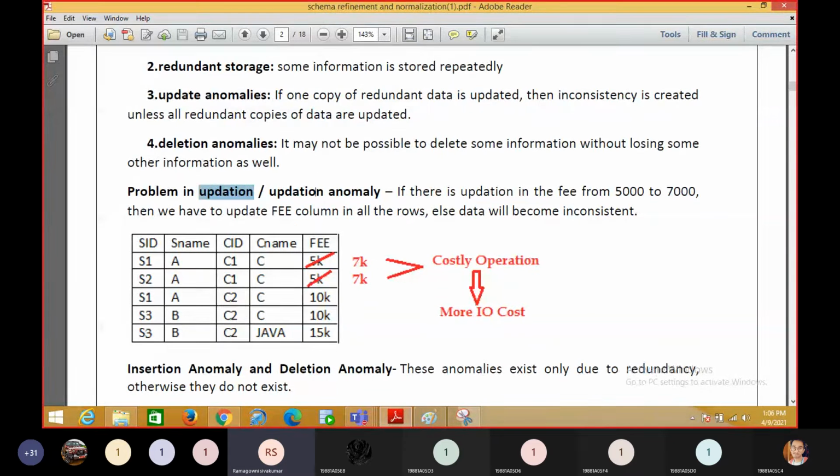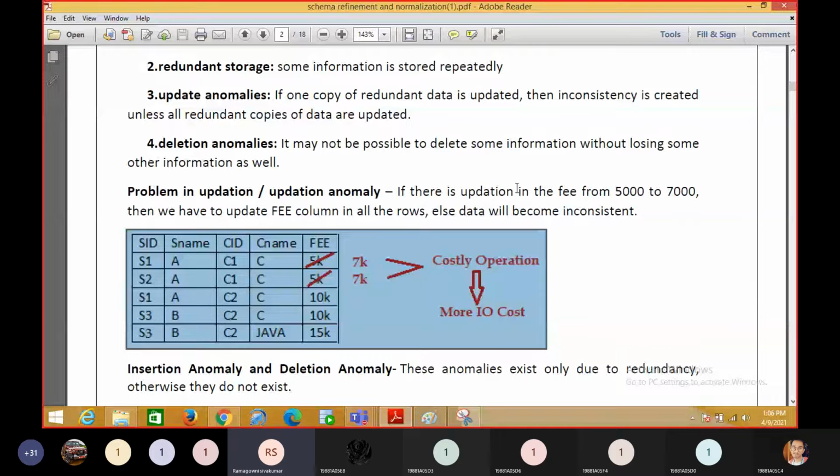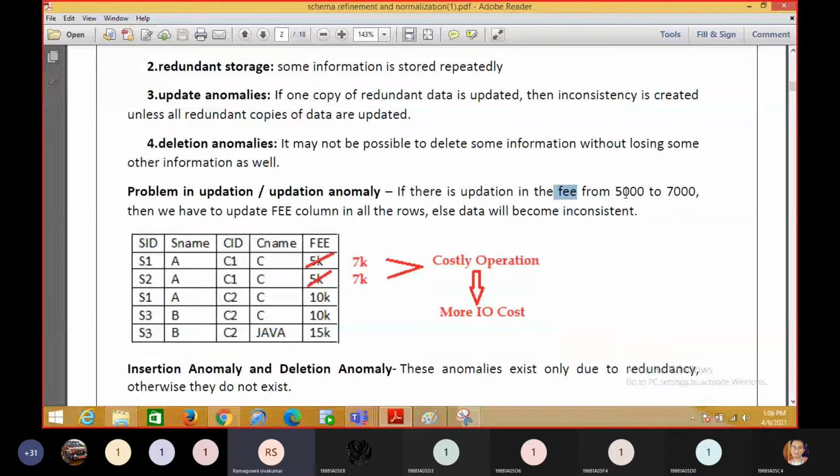Problems in the update anomaly. If there is an update of the fee from 5,000 to 7,000, then we have to update the fee column in all the rows, otherwise the data will become inconsistent.